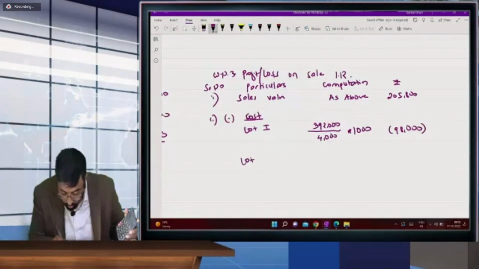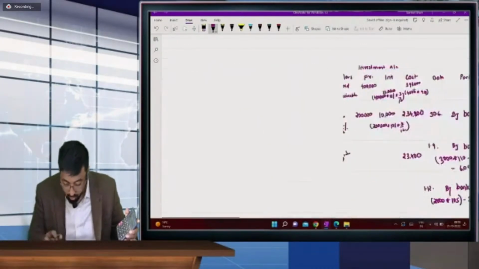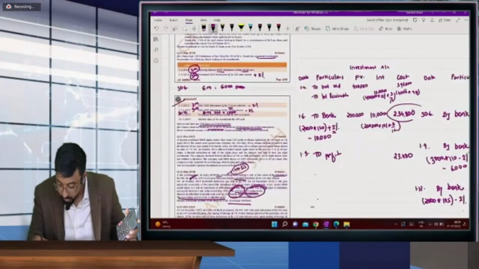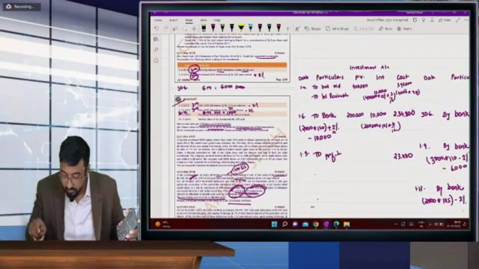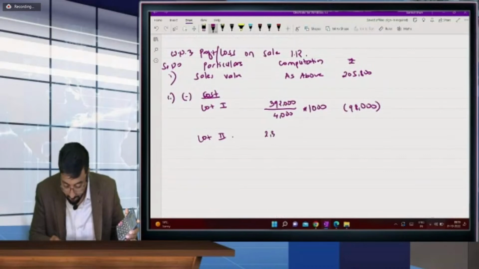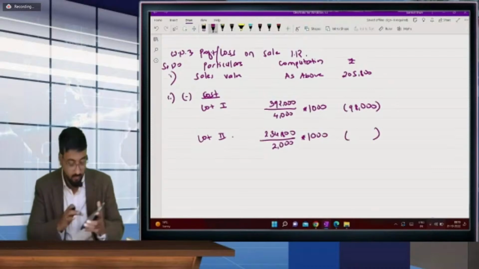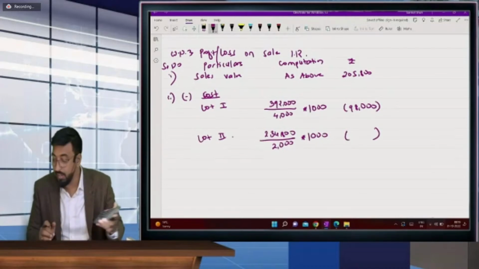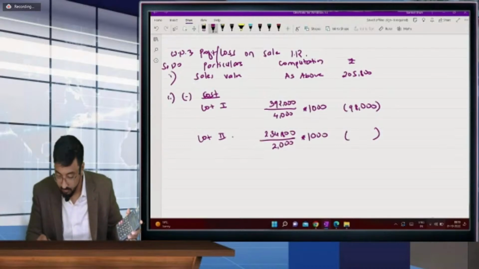And lot 2: 2,34,800 divided by 2,000, and you sold 1,000 out of this. 1,17,400.